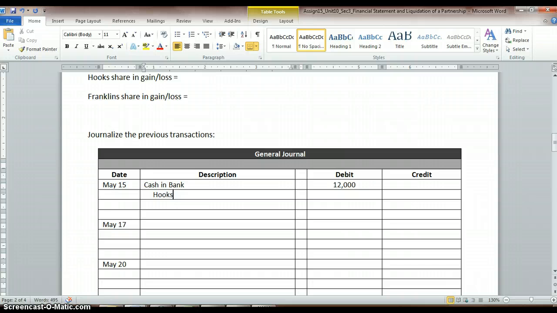I'm trying to speak slowly so that maybe you can catch it before I say it. So Hook's capital is going to increase by $1,500, and then we have Franklin capital, which will also increase by $500.